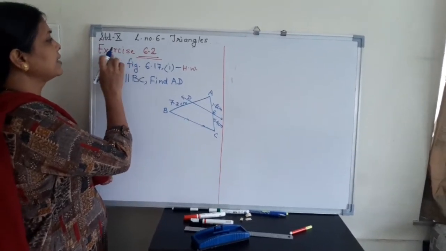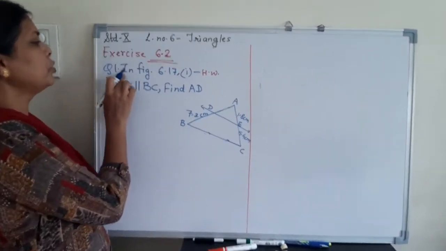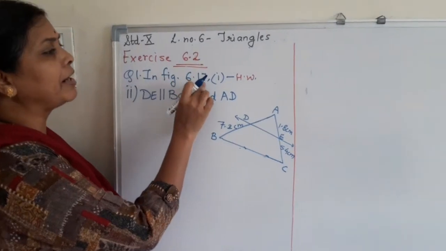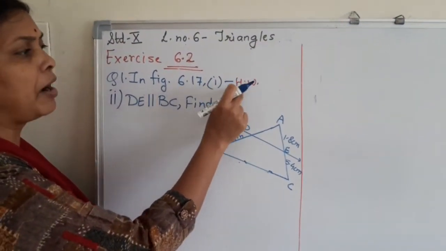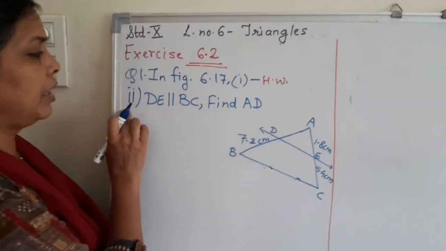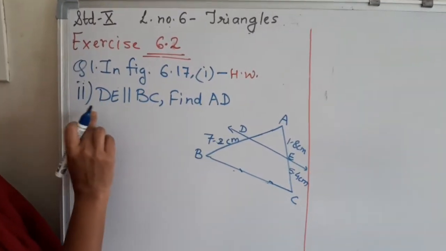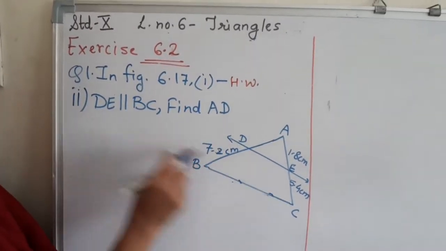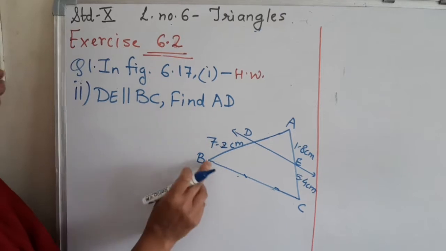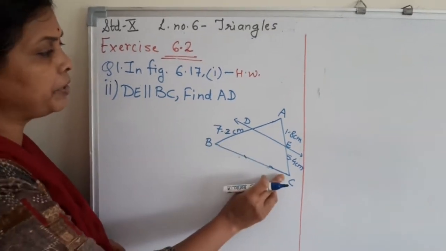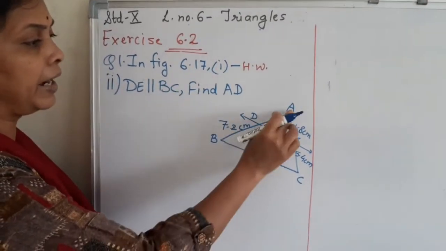Now let's start exercise 6.2. First question, in figure 6.17, the first sub-question I have given you as homework. Now we will solve the second sub-question, in this given figure DE is parallel to BC, and we have to find AD.